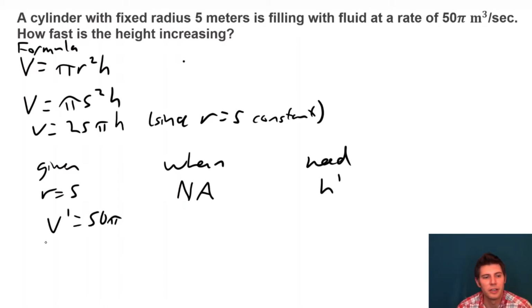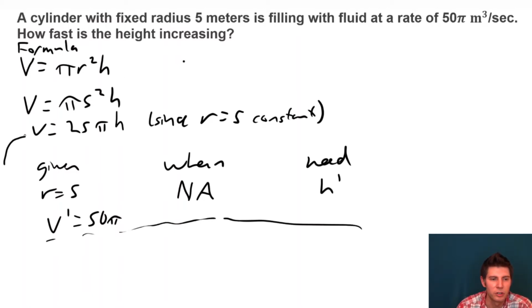Cool. Now we differentiate. So we have v prime, r, and h prime, so differentiating is probably all we need, and we're going to differentiate our new volume with the r as a constant. V prime equals the 25 pi is the constant, and then we just have h prime. So it's a little bit easier than last time having to do the product rule. Once again, there was nothing wrong with that. This is just easier.